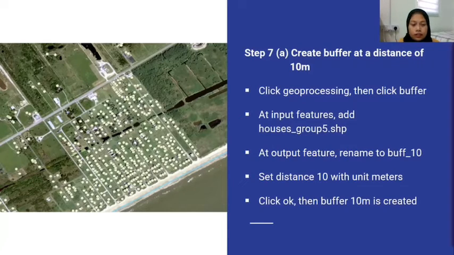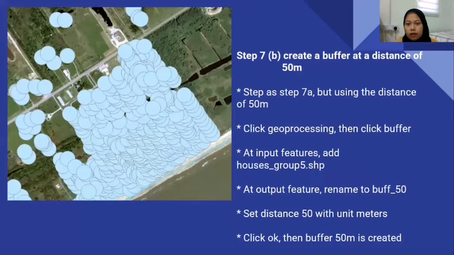Okay, as shown in this figure, this is the result we got after performing these steps. We can see small light yellow circles on each house in the before storm image. Next, for step B, we just repeat the previous step, but to create a buffer of 50 meters.